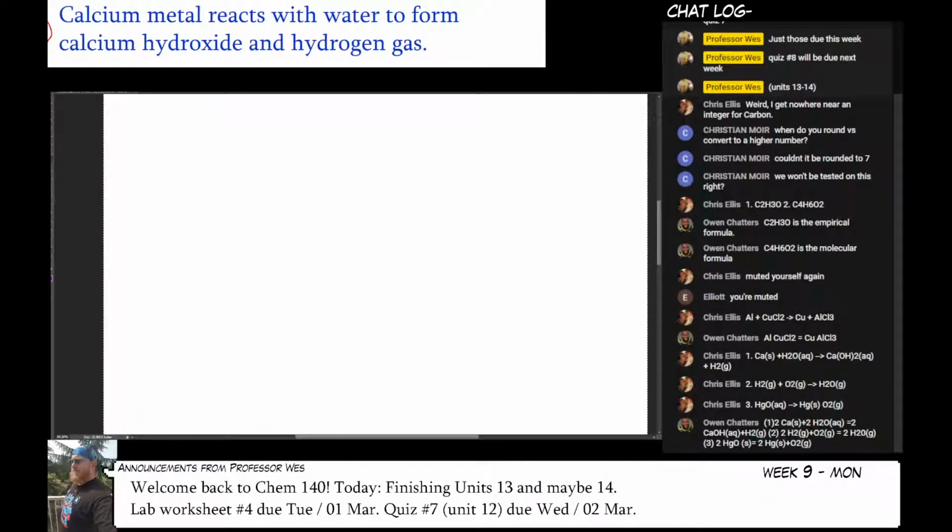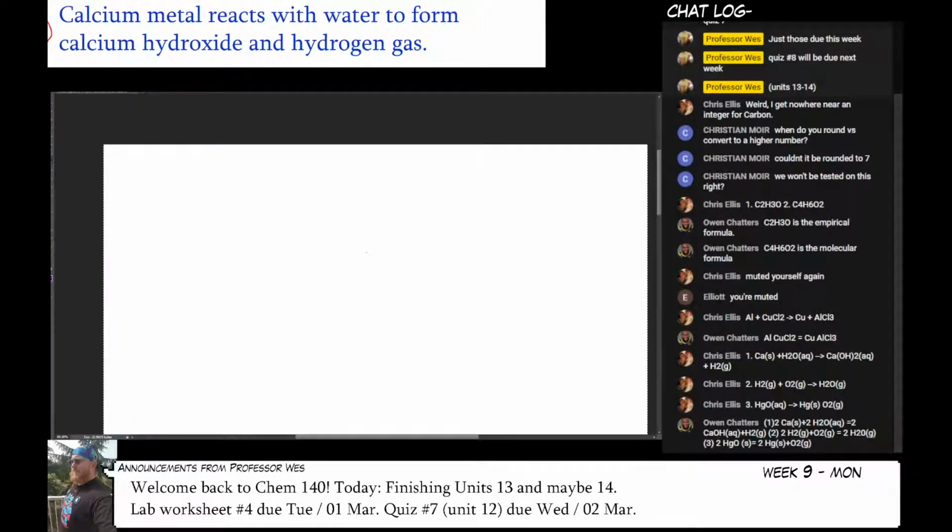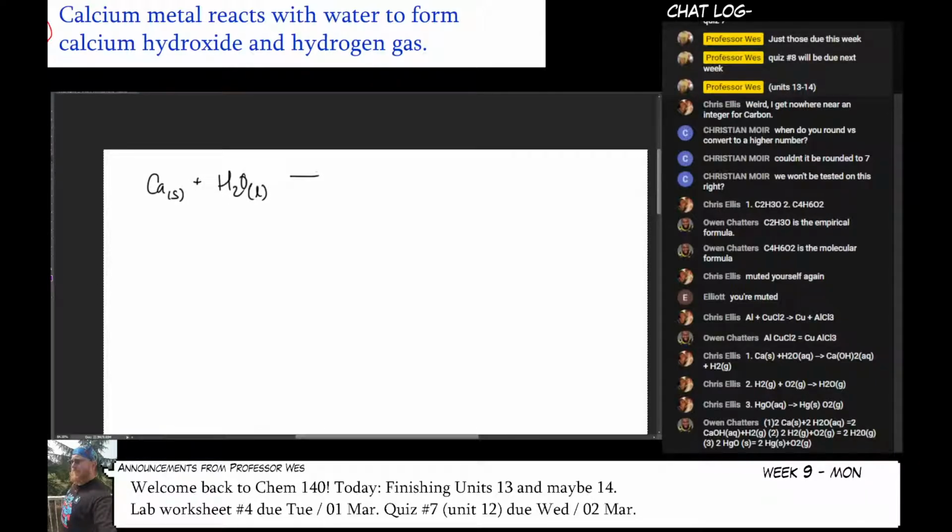First, let me clear all that. And then it's not scrolling. Why is it not scrolling? There we go. All right, so we got calcium metal reacts with water, which is a liquid, to form calcium hydroxide and hydrogen gas.